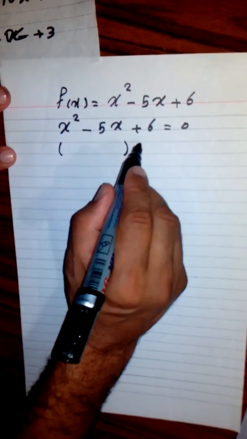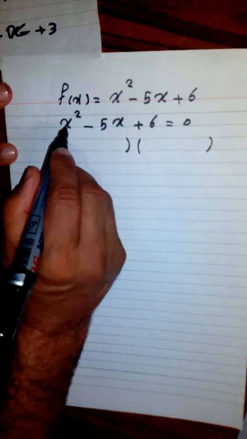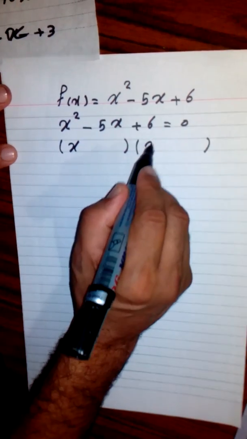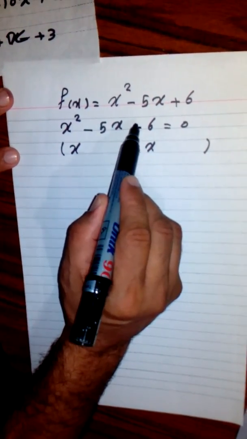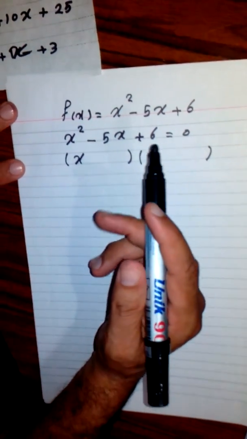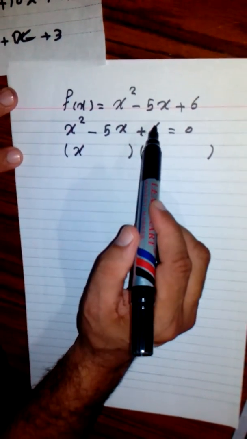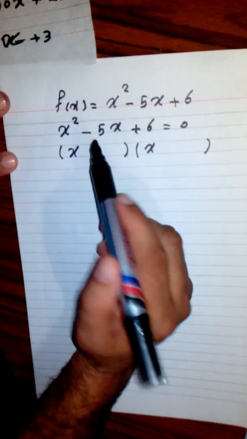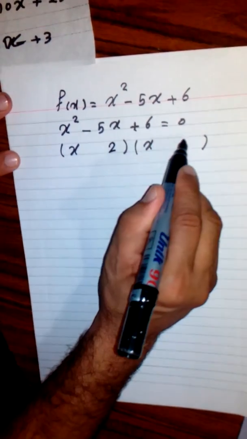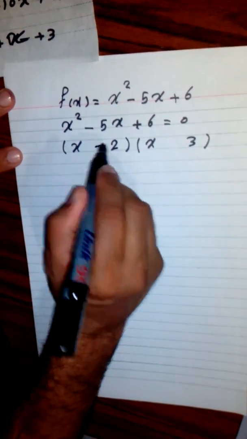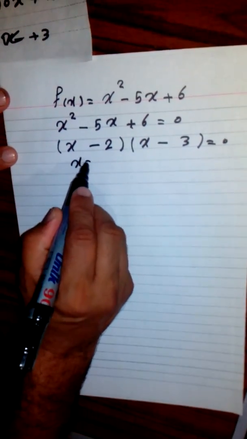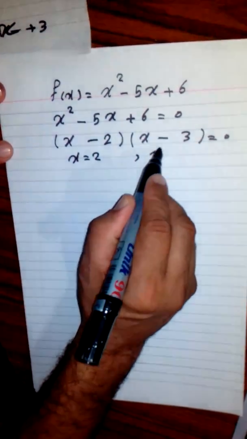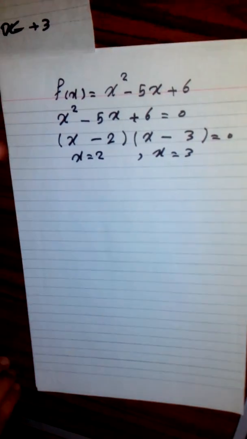Two brackets, x squared is x by x. We must get two numbers whose product is 6 and whose sum is 5: 2 and 3. Negative and negative, equals 0. x equals 2, x equals 3.